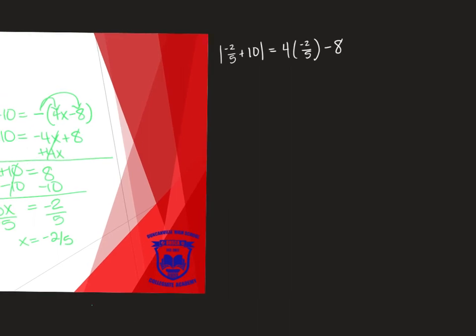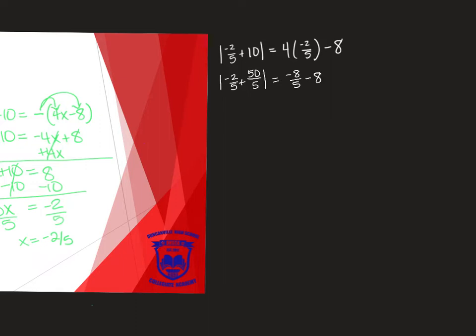So negative 2 over 5 plus 10 is going to be negative 2 over 5 plus, need a 5 on the bottom. 5 goes into 50 10 times. And then that's going to be equal to negative 8 over 5 minus 8.